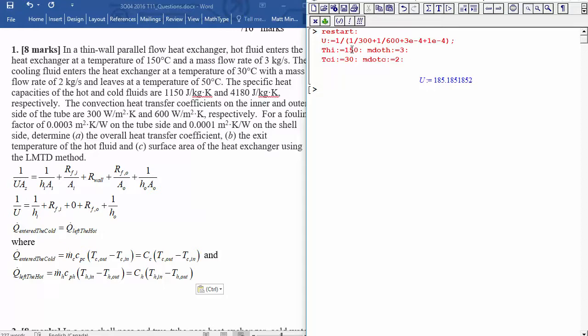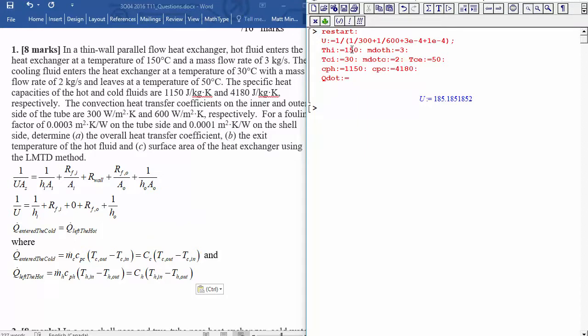And then this is the part that makes all the difference. We've got T_c,out as 50, so we know that, and that means that we can figure out Q dot. Also we need to know the heat capacities, right? So c_p,h is 1150 and c_p,c is 4180.